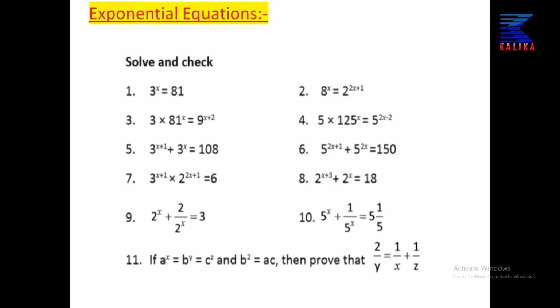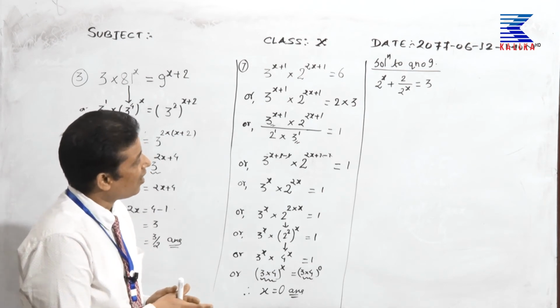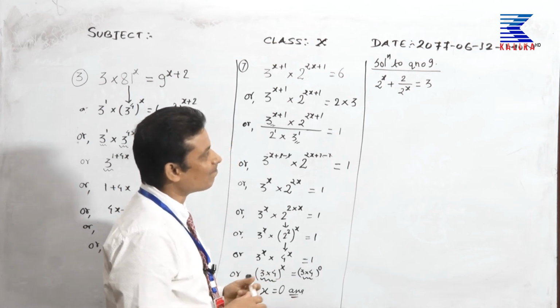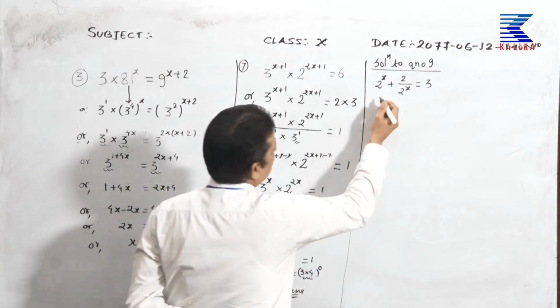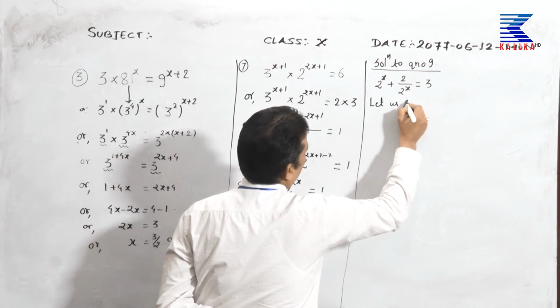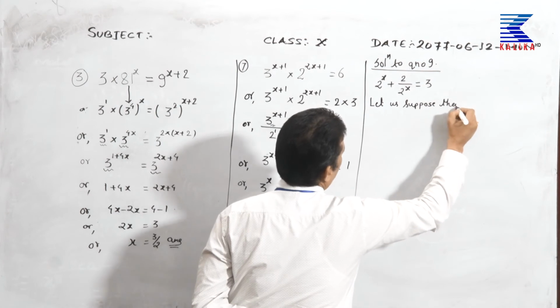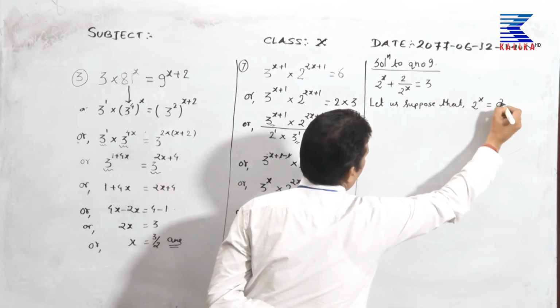Okay. Now, let us see 2 to the power x plus 2 over 2 to the power x is equal to 3. Now, here to make you learn well, we can suppose that 2 to the power x is equal to a.